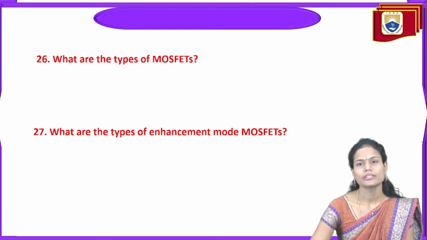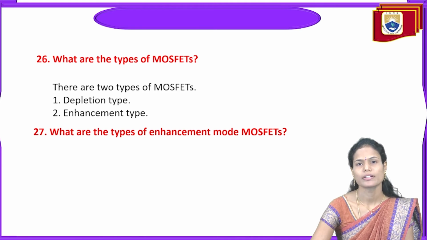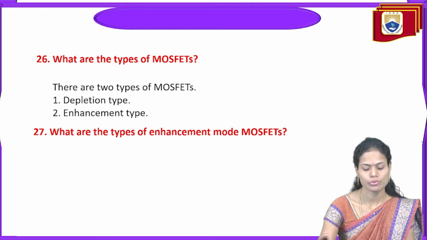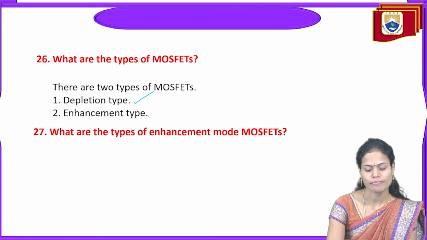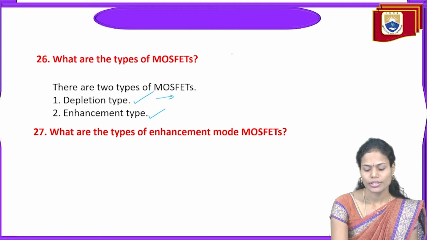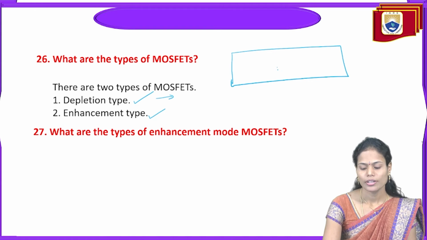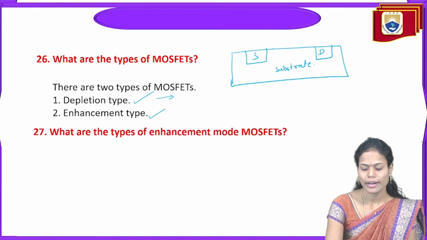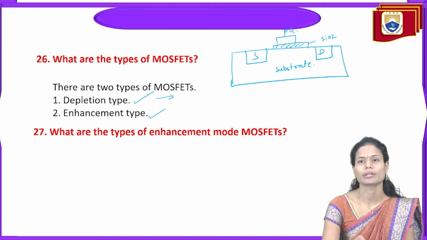And next, what are the different types of MOSFETs here? Metal oxide field effect transistors. There are two types of MOSFETs: depletion type MOSFET as well as enhancement MOSFET. In the case of depletion type MOSFET, if we take one particular MOSFET, that may be the P channel or N channel, here we are having the substrate, and here we are having the source and drain terminals, and upon this we are having the silicon dioxide layer, and after this we are having the gate terminal.